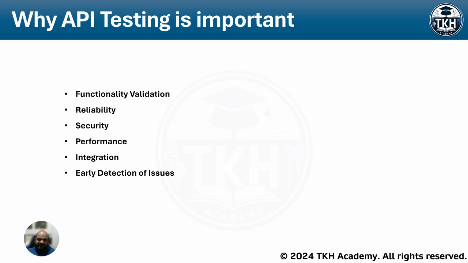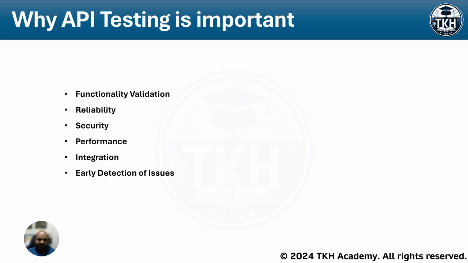So if you test the API, your functionality is tested. Then data accuracy: it ensures the data sent and received by the API is accurate and correctly processed. Reliability, right? If your APIs are consistent under different conditions, they are more reliable. If you test APIs under different scenarios, you can always say they are more stable and robust.